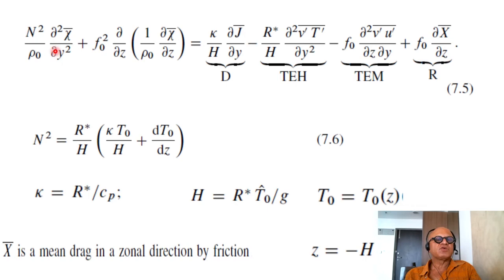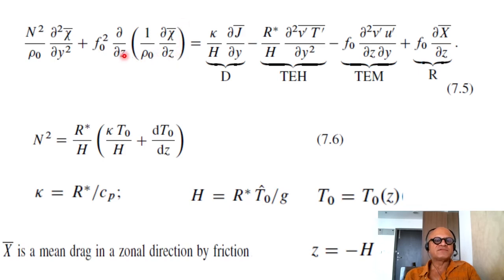So you have a del squared form here with some forcing terms on this side. So you have N squared over rho 0 del squared chi over del y squared plus f0 squared del z of 1 over rho 0 del chi bar del z.